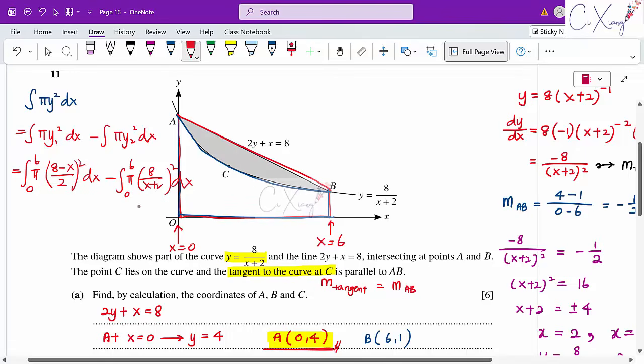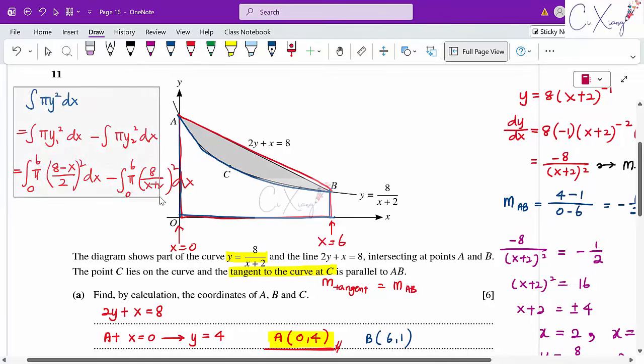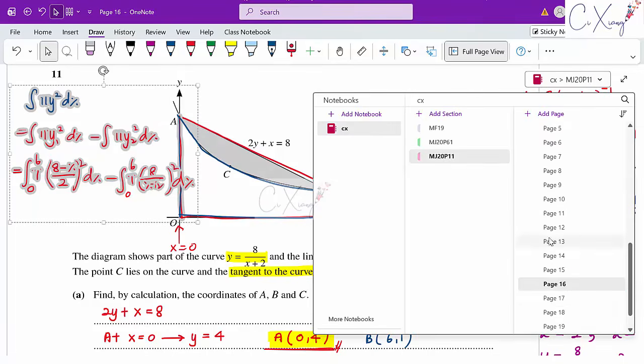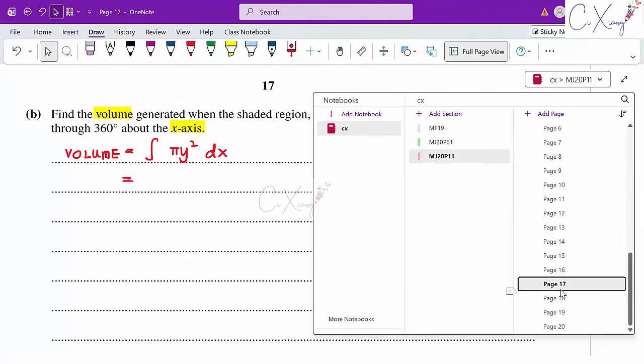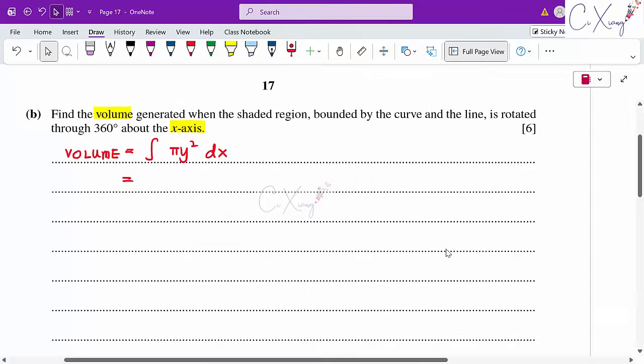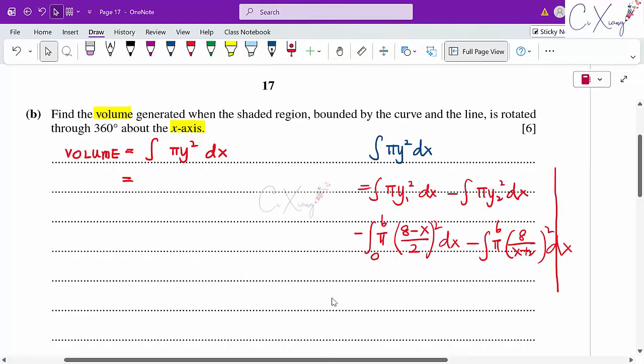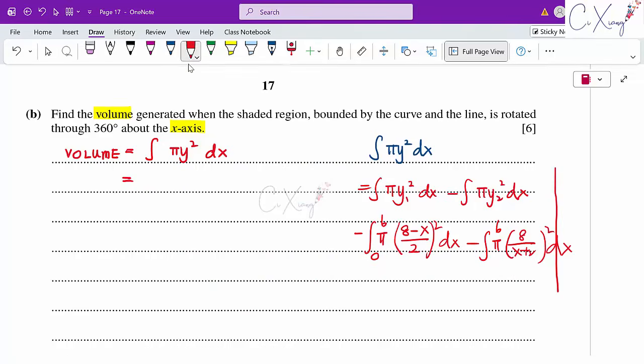Okay, so let us apply the integration in part B. Let us shift the answer to the next page. Okay, so like what I told you just now, we should be having pi. For me personally, I prefer to take out the pi.